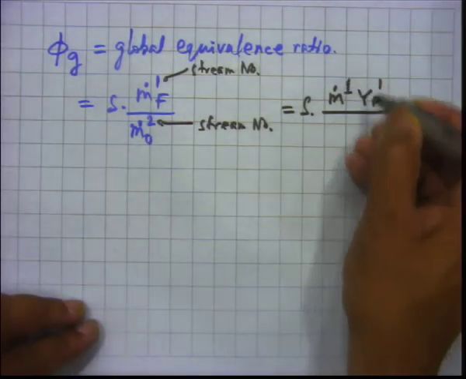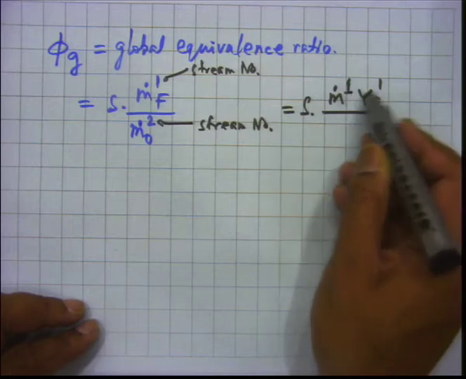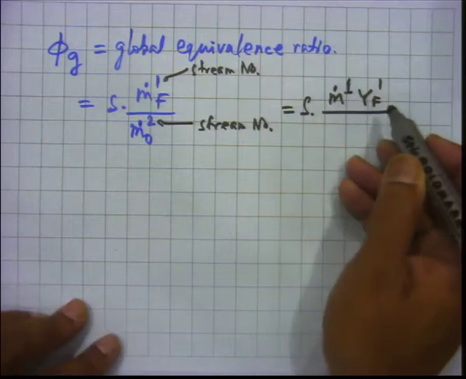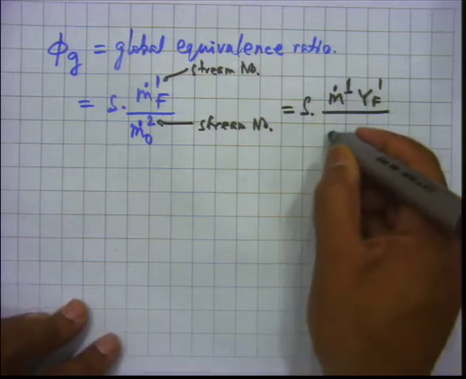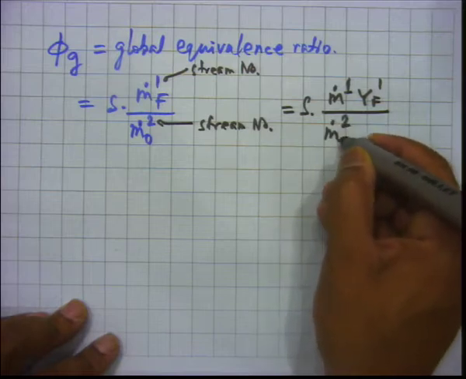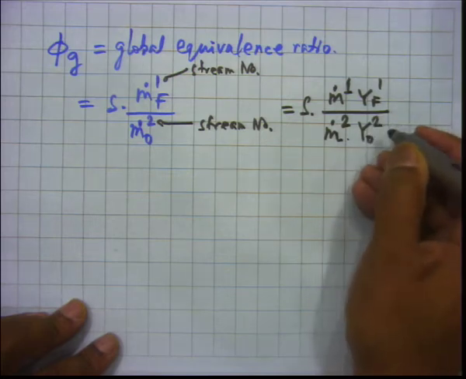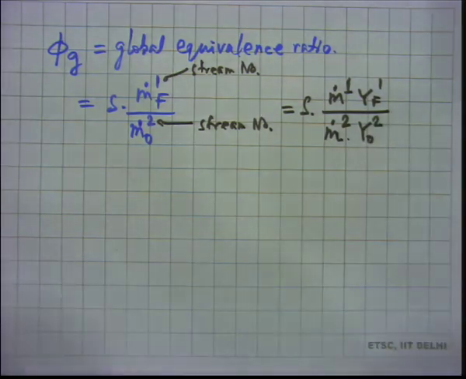So, m dot 1 multiplied by YF1 will give you the mass flow rate of the fuel, and below we have m dot 2 multiplied by YO2. Same logic, this will give you the mass flow rate of the oxidizer.